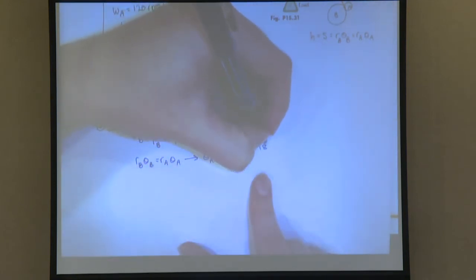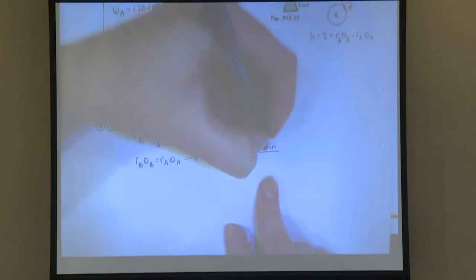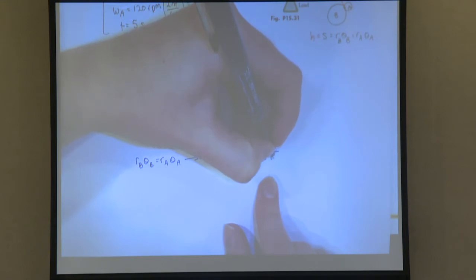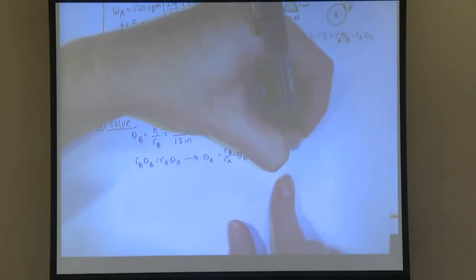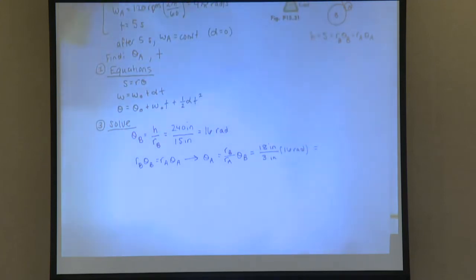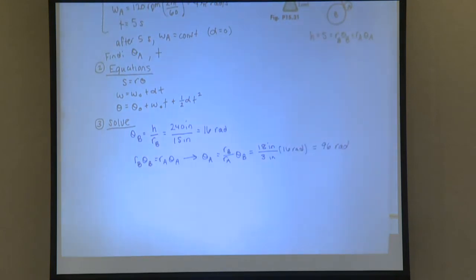We want to use the radius that's in contact with A. So we have 18 divided by 3 times 16 radians, and that gives us 96 radians. For this one they're asking for revolutions, so how would I convert radians to revolutions?